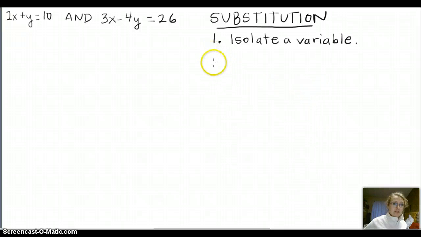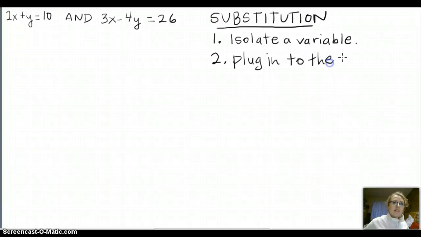The next step that we're going to do is plug in to the other equation. And I'm going to do other in all caps because it's important. If you plug into the same equation, you're not going to make any progress. To the other equation.